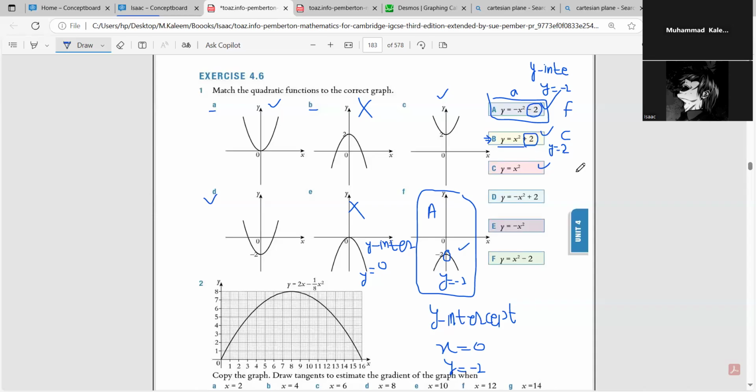We have to proceed to the next question. Next was C. Try to solve this one. So it can be A, it can be B. Is it E?